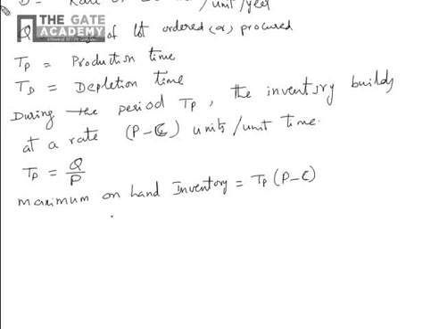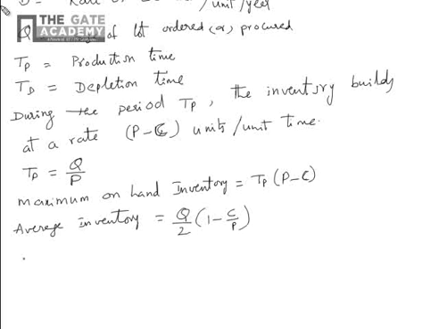TP is nothing but Q by P, substitute that. Next is average inventory, equal to Q by 2 into 1 minus C by P. This is nothing but P minus C by P.